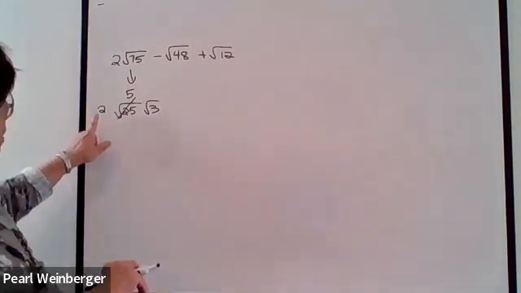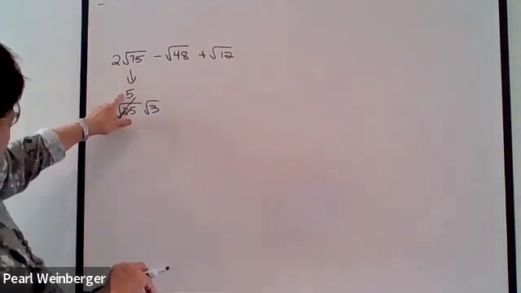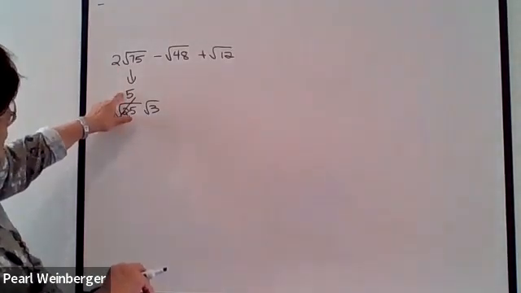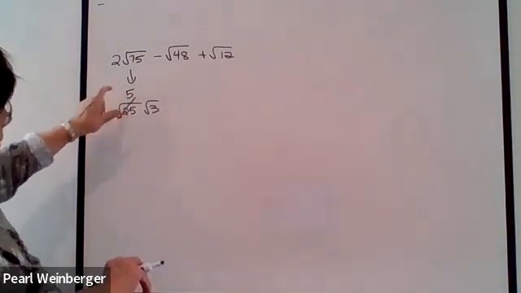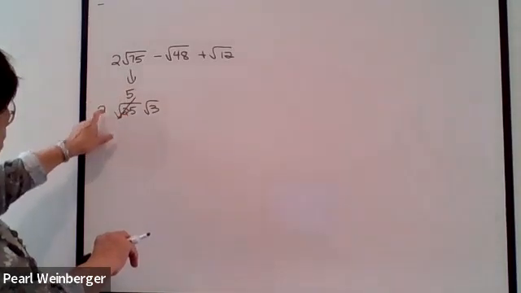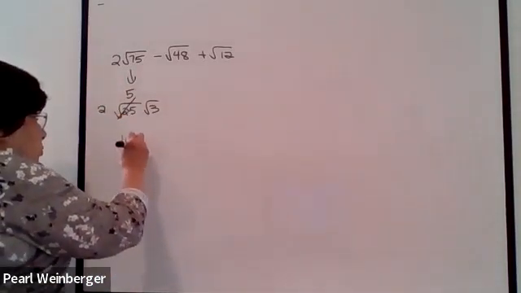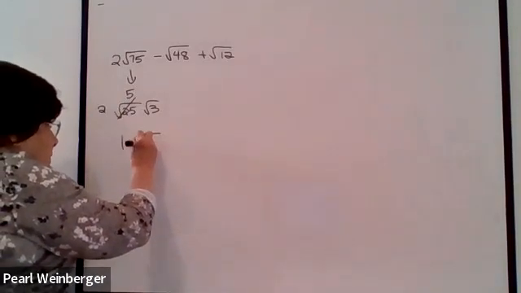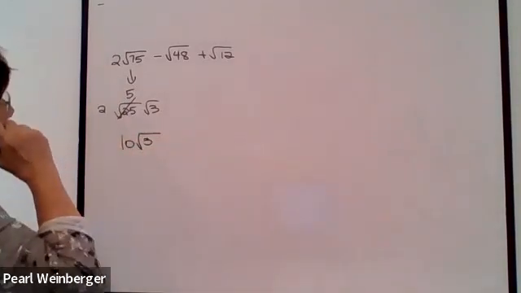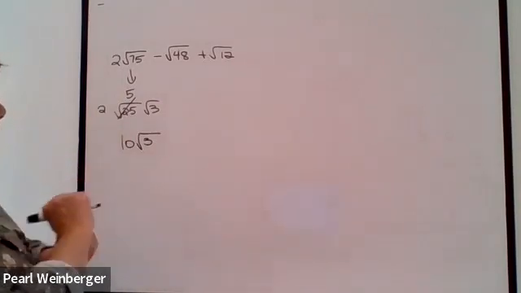So that's exactly what we're going to do here. We're going to take the original 2 and multiply it by the 5 that we've just gotten there. These are both numbers that are not in the radicals, so they could be combined. 2 times 5 is 10. So this first term becomes, in simplest form, 10 square root of 3, or 10 radical 3.